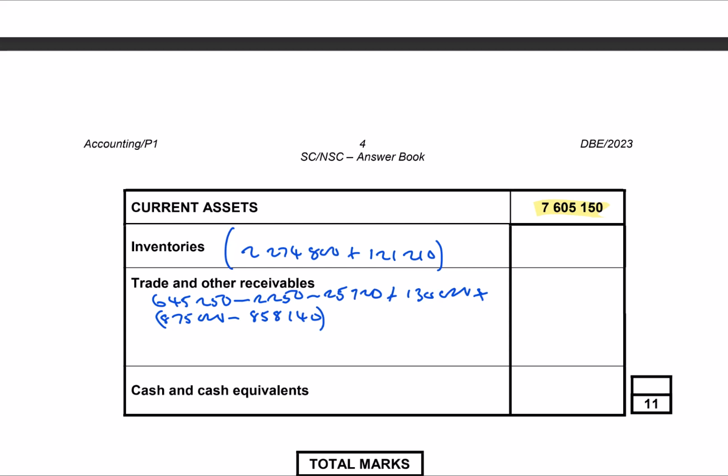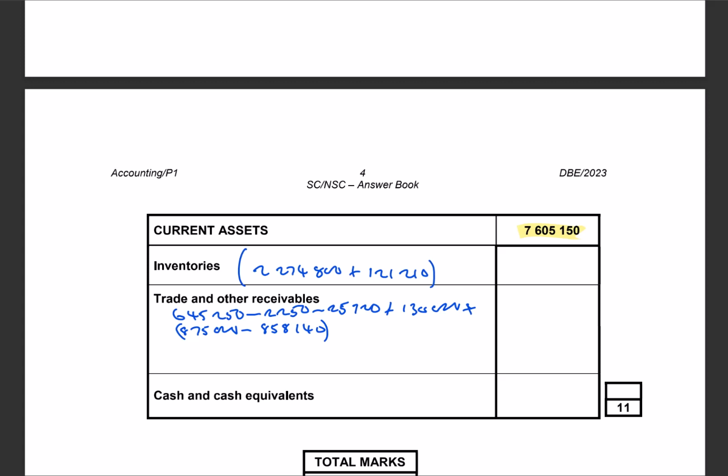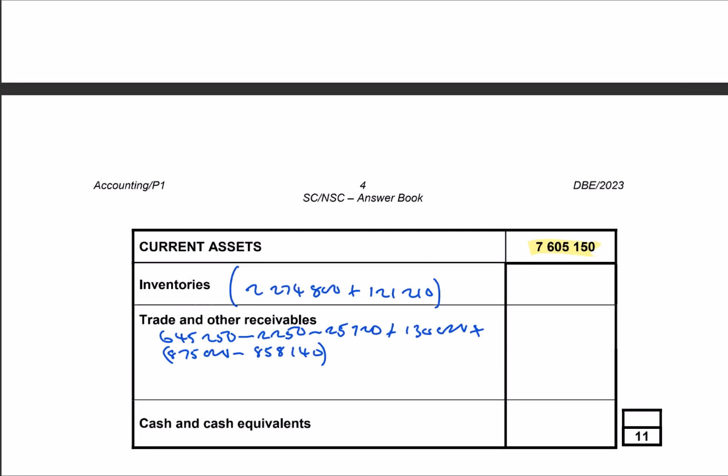Let's first calculate this one. $875,000 minus 858,140. That's 16,860.